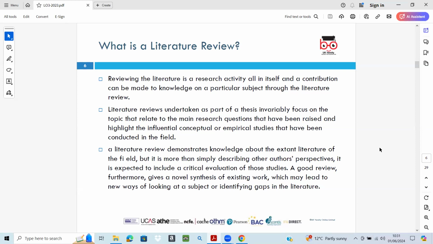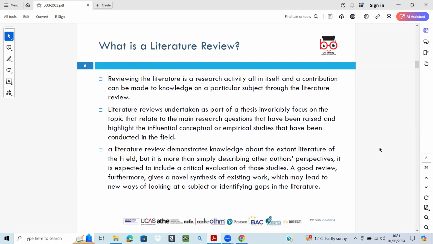A literature review undertaken as part of a thesis is invariably focused on the topic that relates to the main research question and highlights the influential conceptual or empirical studies that have been conducted in that field.